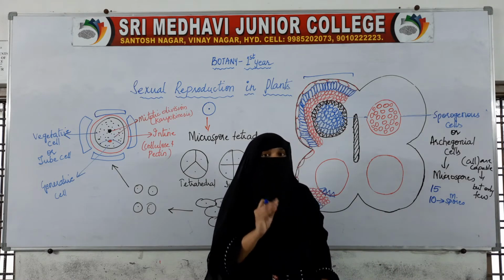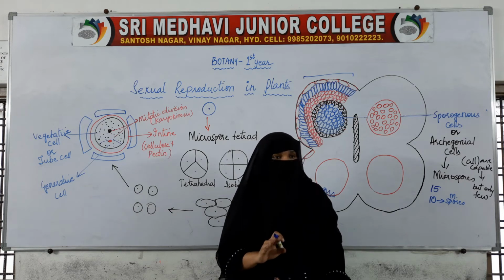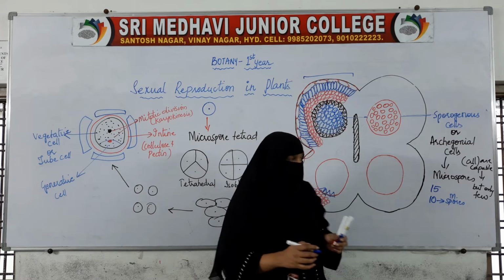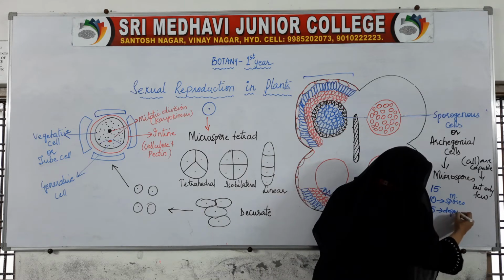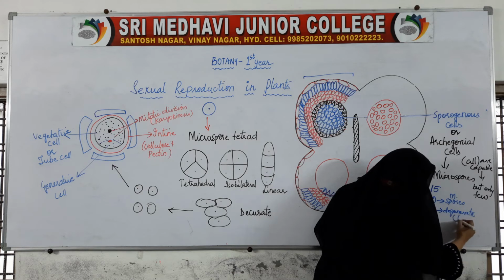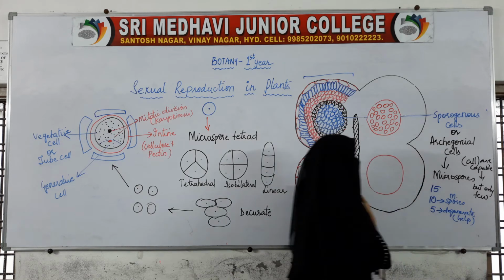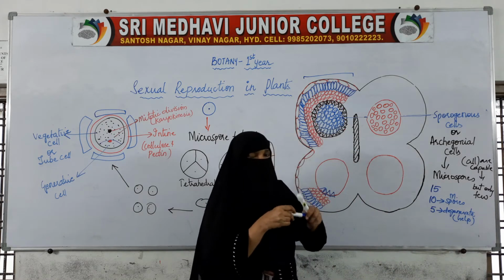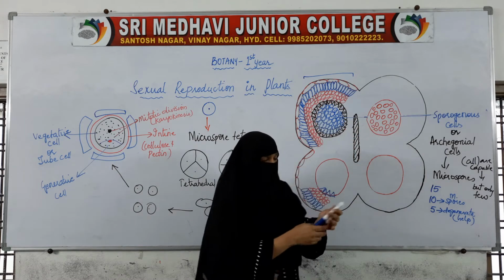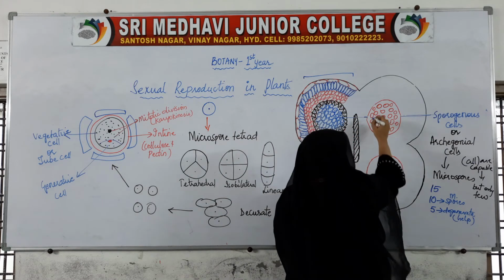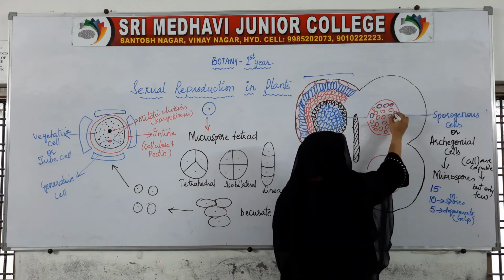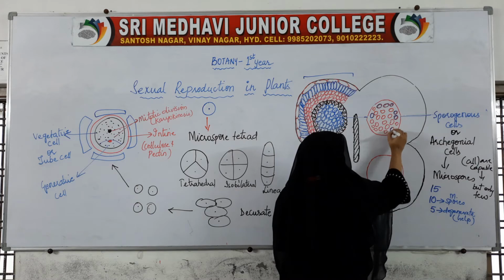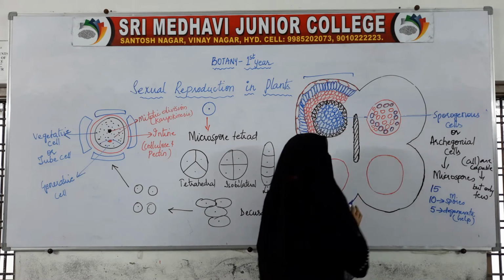The leftover 5 will degenerate and help in other processes. So all are capable, but a few will degenerate.